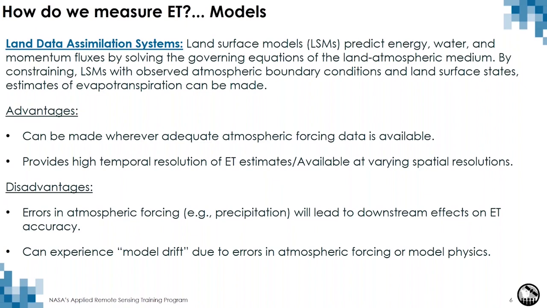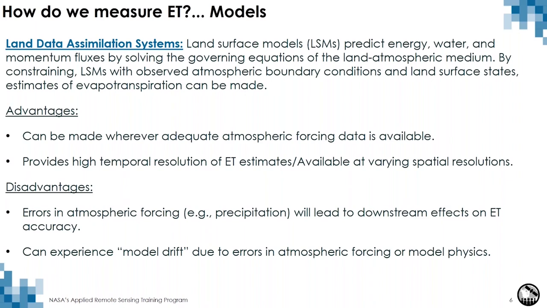And so, from an advantage standpoint, these models are nice because they can be run anywhere where you have the forcing data. Even if that forcing data is coarse or maybe not as accurate, take, for example, Africa. We don't have a lot of ground-based meteorological information compared to the observational network over the United States. So that introduces some uncertainty.